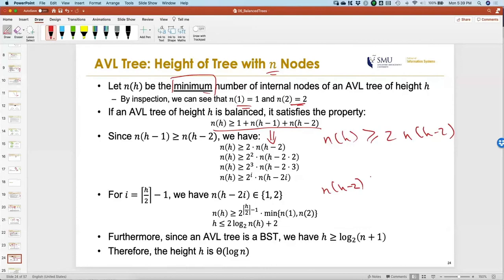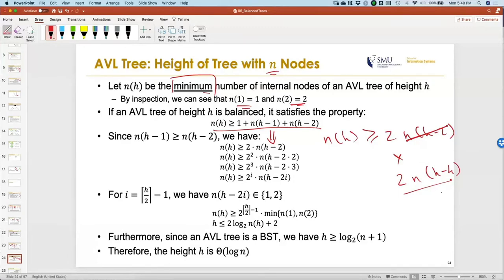In that case, I can write this as 2 times n of h minus 2 minus 2, so this is going to be nh minus 4. So if nh is greater than 2 times nh minus 2, and nh minus 2 is greater than 2 times nh minus 4, then I can replace this with this. So now I'm going to have 2 times 2 times nh minus 4.